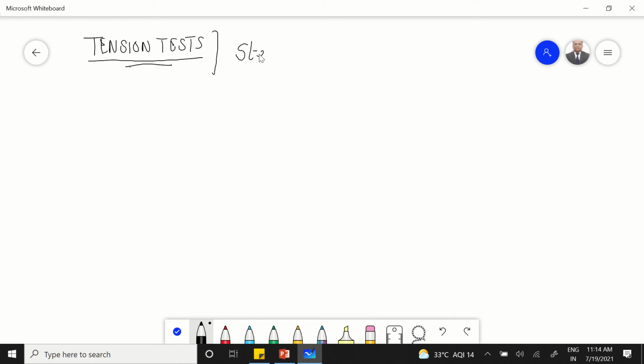Let us take the example of a steel material. We want to evaluate the mechanical properties of steel material and how we can obtain the stress strain diagram using tension test. So there are two types of specimen shapes that are normally used to perform the tensile test. One is the dog bone shape specimen.